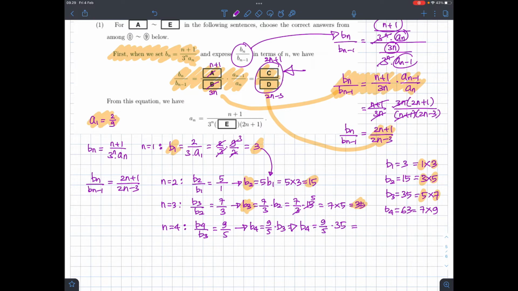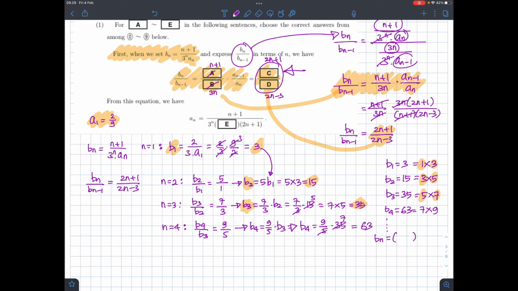Cancel out this one, so 9 times 7 is 63. You can see the pattern works and gives you the same answer. This is important to find the pattern, so I can do some generalization here.